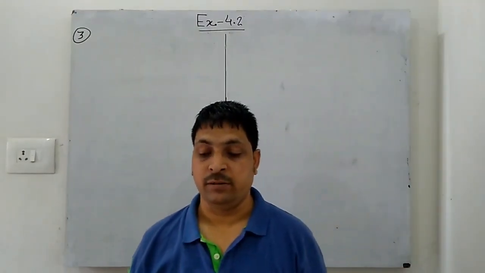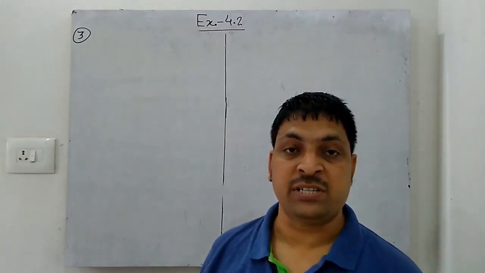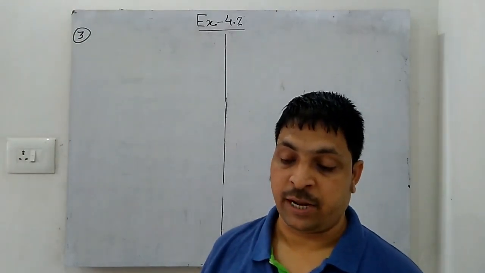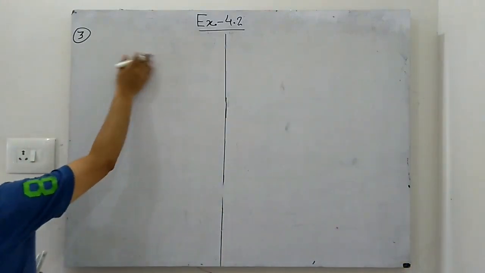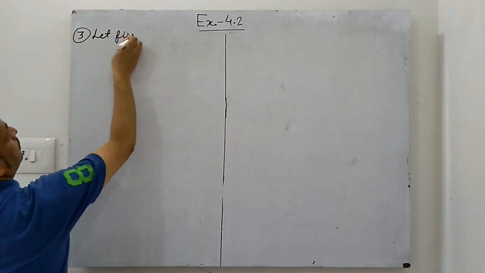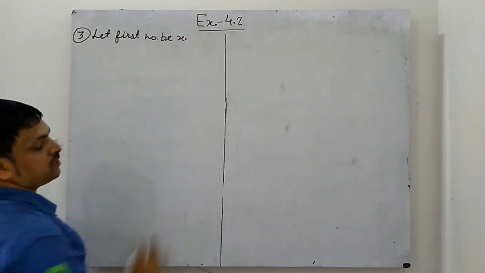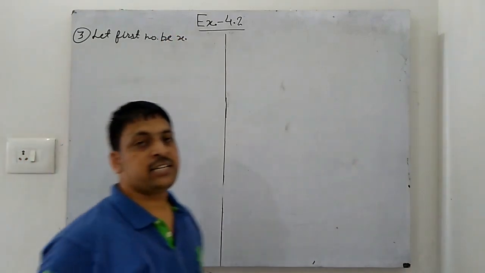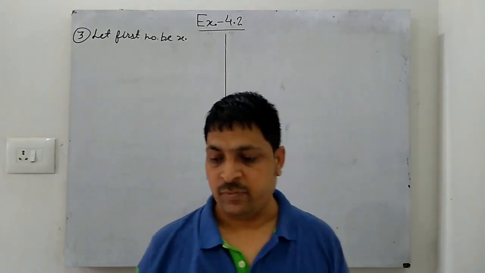Now question number 3. Find two numbers whose sum is 27 and product is 182. Now listen. Let the first number be x. Students, it is given that the sum of two numbers is 27.